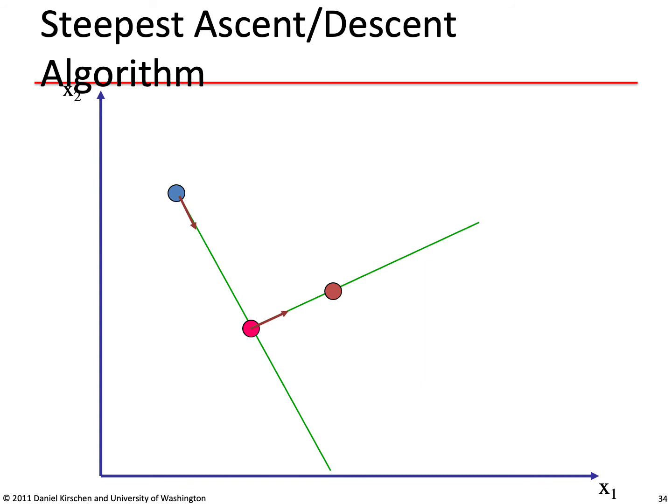So we continue. We calculate the gradient at that point. We identify a direction where we need to search, do a unidirectional search along this direction, and repeat the process along the new direction that we have found, and find a new point. Once the changes between two iterations of this process are small enough, we stop and declare that we have found the optimum that we were looking for.